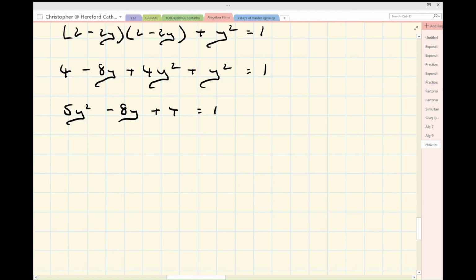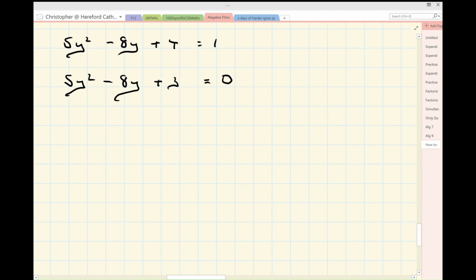Now, subtract 1 from both sides. 5y squared minus 8y plus 3 equals 0. I've set it equal to 0. Now I'm going to factorise. I can't see a common factor. It looks like I'm going to have 5y and y. Now, I multiply to a positive and add to a negative, so they're both going to be minus.